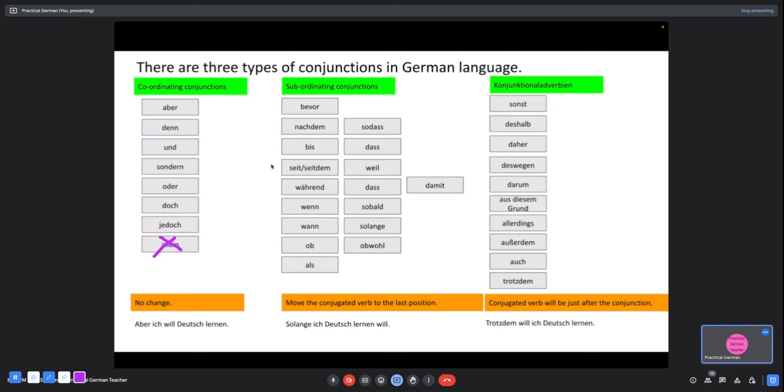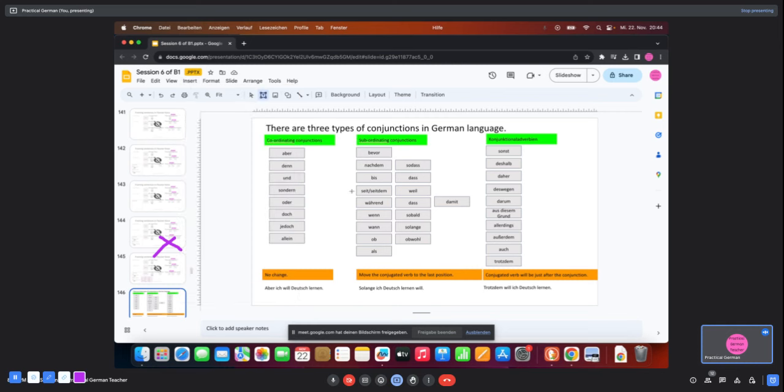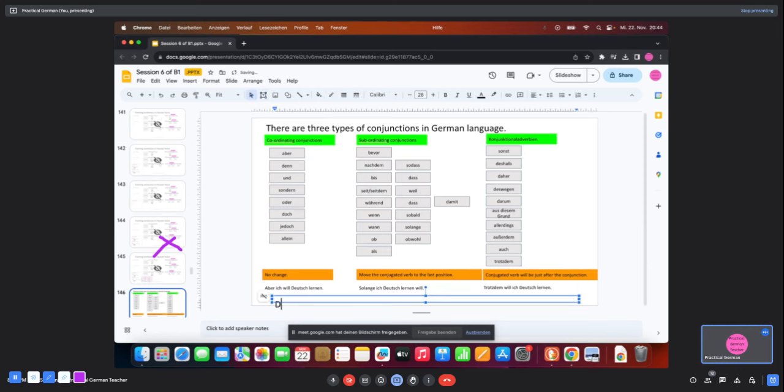One second, let me get a text box. So when you were giving an example for ob, you said something like this: du entscheidest ob draußen gehen oder drinnen bleiben.